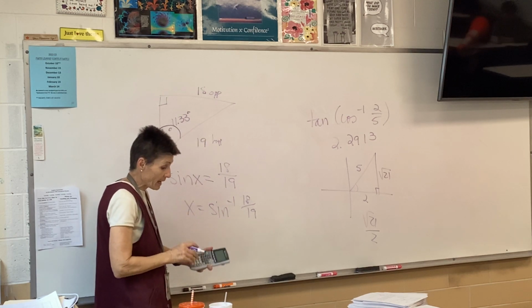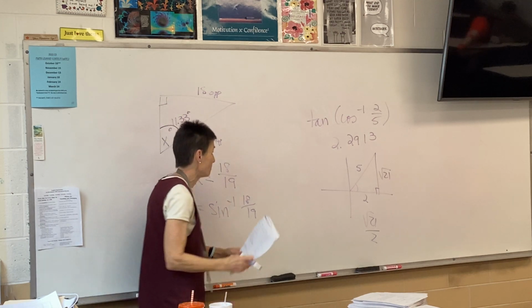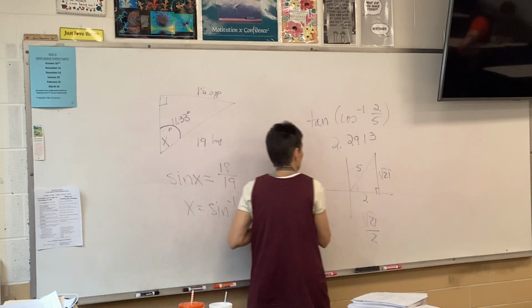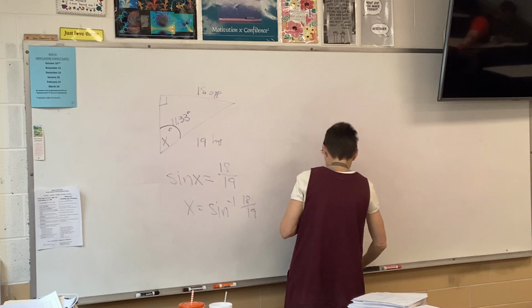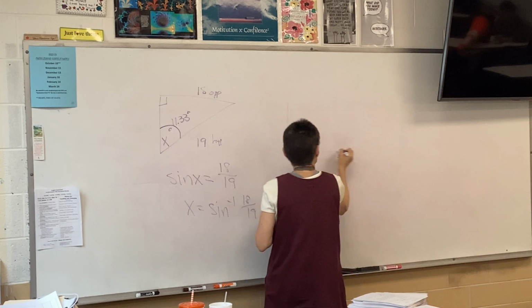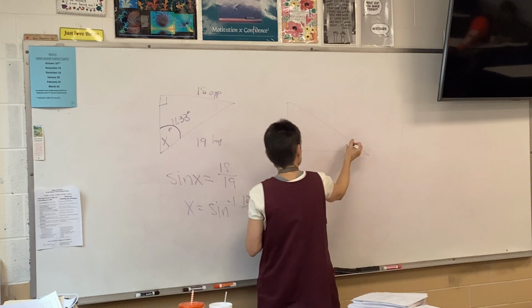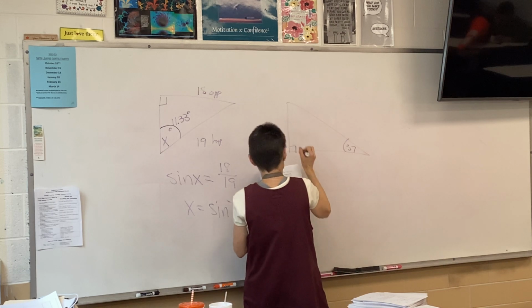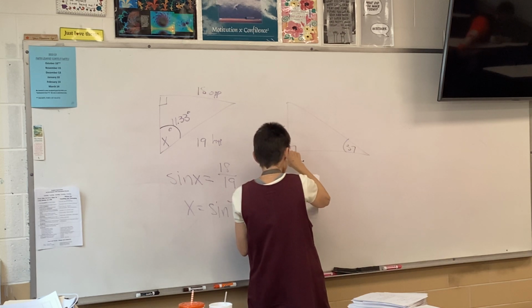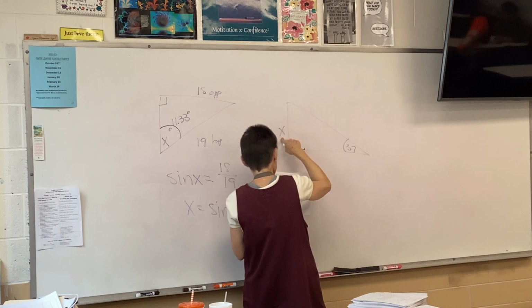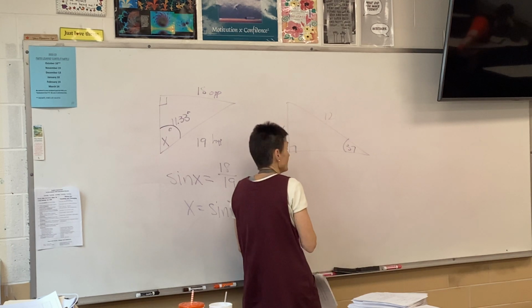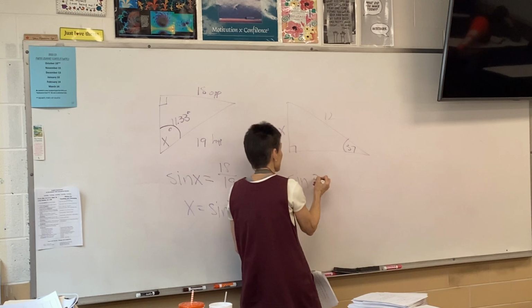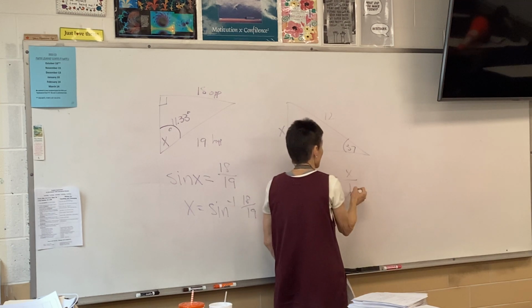Now, I want to look at A, because that's going to cause us problems too, some of us, if we're not careful. How about 10A? This is your angle right here. So what's the x? Which side is the x? Opposite. Which side is the 12? That's another sine. Sine 37 equals x over 12.